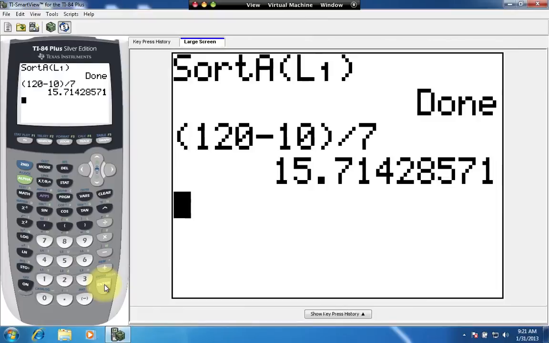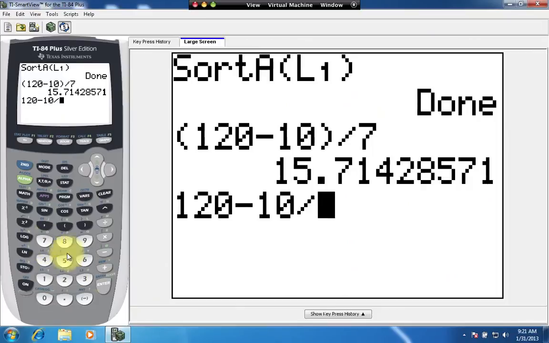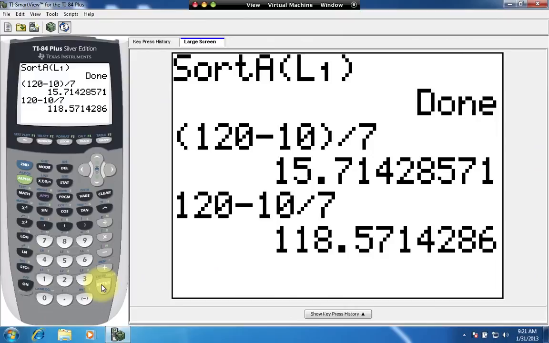That's going to be the rule, to always go up to the next whole number. Let me demonstrate what happens if you did not put parentheses in that calculation. 120 minus 10 divided by 7. Okay. Clearly, it's the wrong answer. Okay, that's not what we wanted to happen.